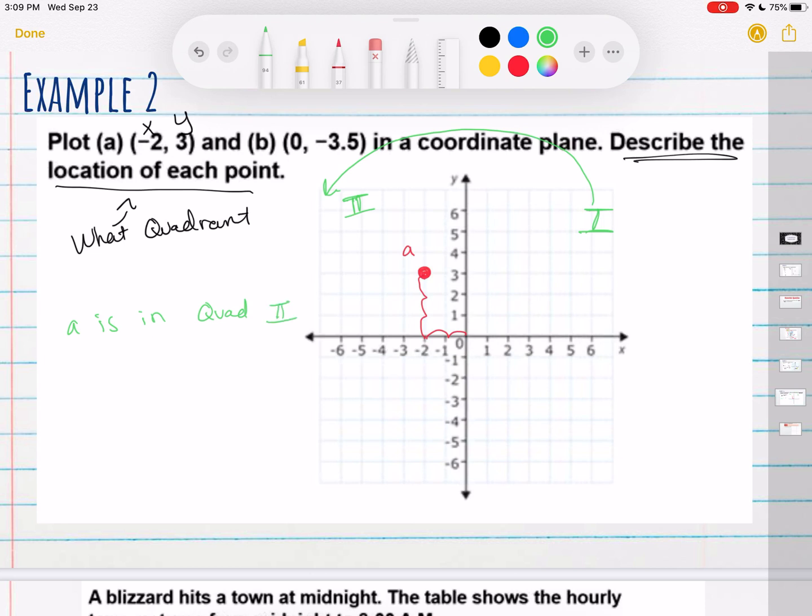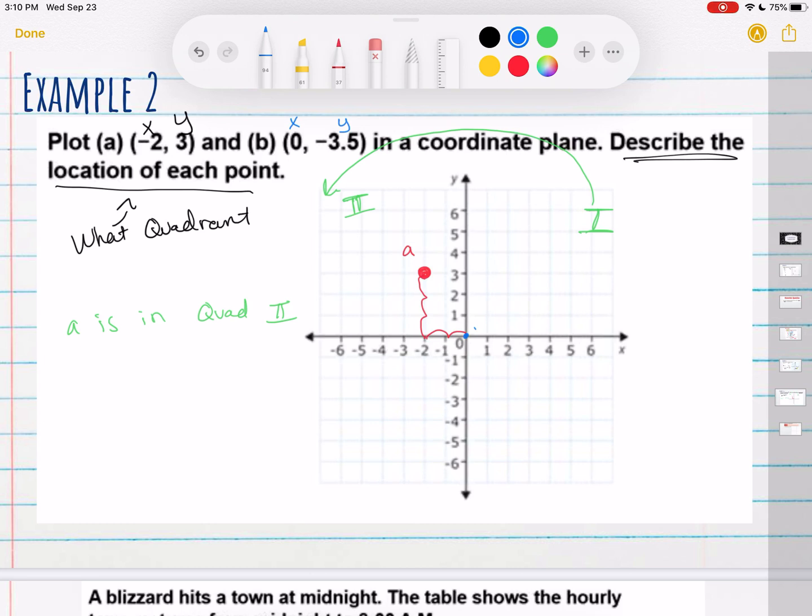Whenever they talk about quadrants, they like to use fancy Roman numerals, okay? Next one, let's plot point B. Remember, first we have our x-coordinate, then our y-coordinate. So x is 0, meaning we're just going to stay right here at the origin. We're not going to move any right or any left. And then our y-coordinate is -3.5.